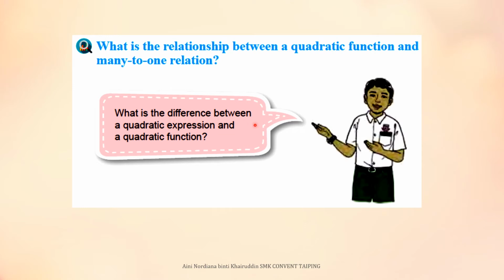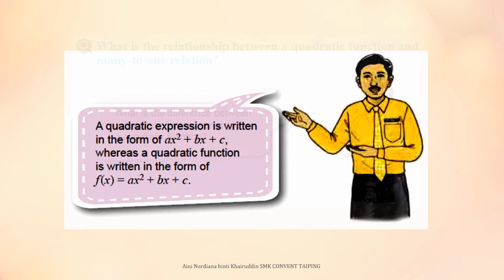What is the difference between a quadratic expression and a quadratic function? A quadratic expression is written in the form of ax squared plus bx plus c, whereas a quadratic function is written in the form of f(x) equals to ax squared plus bx plus c.